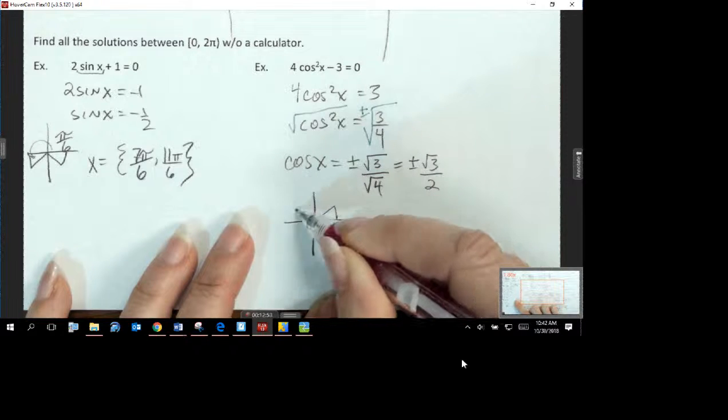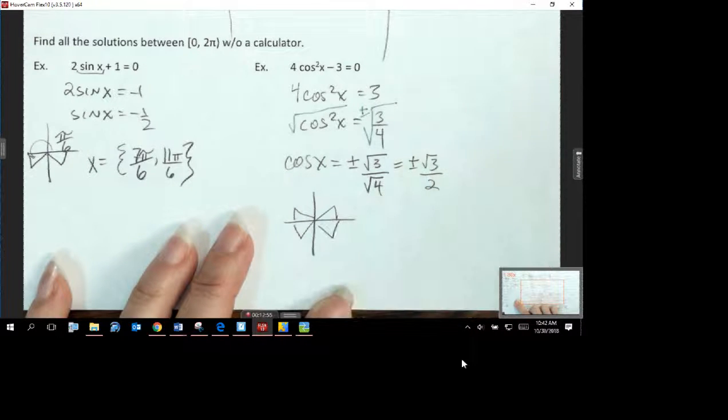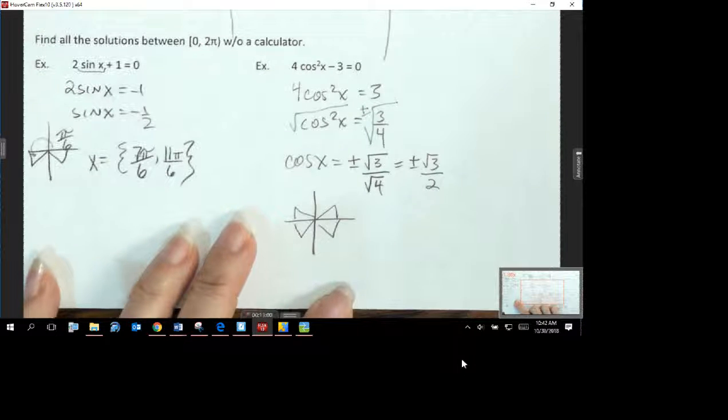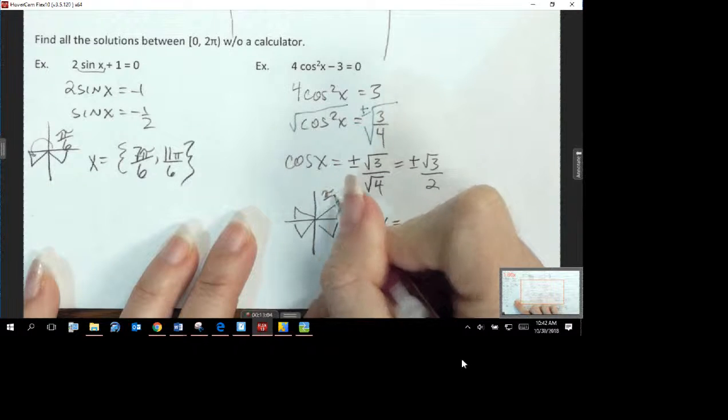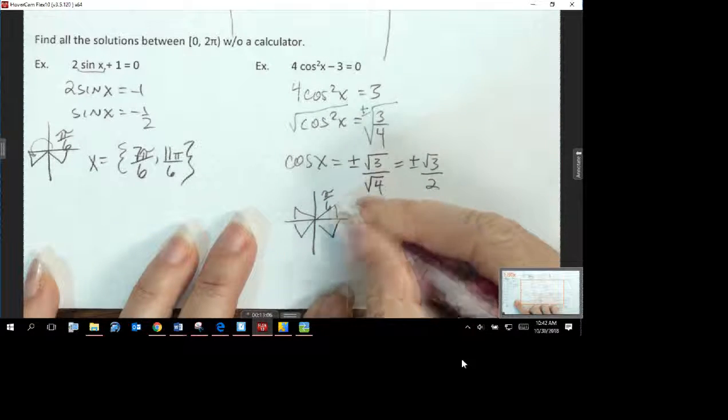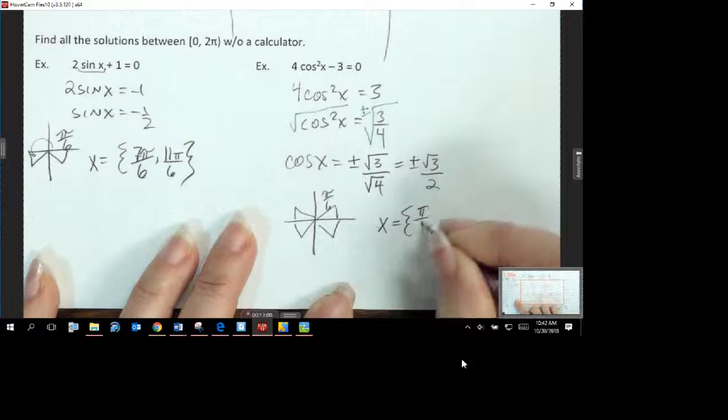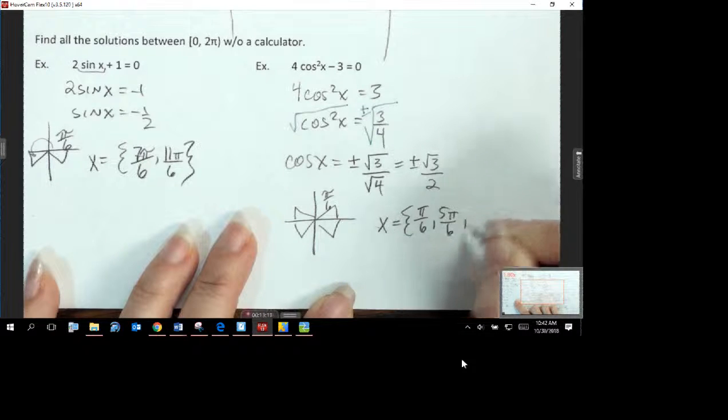All 4 quadrants. Guess how many answers I'm going to have? 4. So what's the reference angle for cosine being radical 3 over 2? Pi over 6. So we've got pi over 6, 5 pi over 6, 7 pi over 6, 11 pi over 6. We've got all 4 answers.